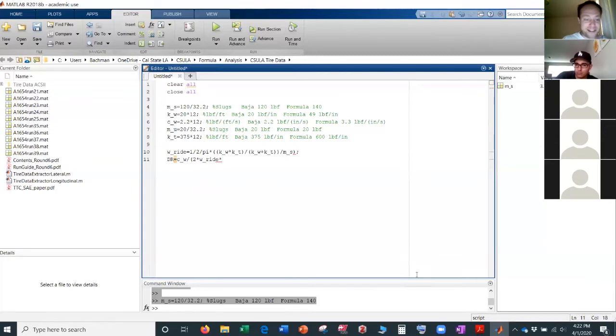We never did that before, because you need to put this back in radians per second, times 2 pi times mass sprung. So this is the ride frequency in hertz. This is the damping ratio.